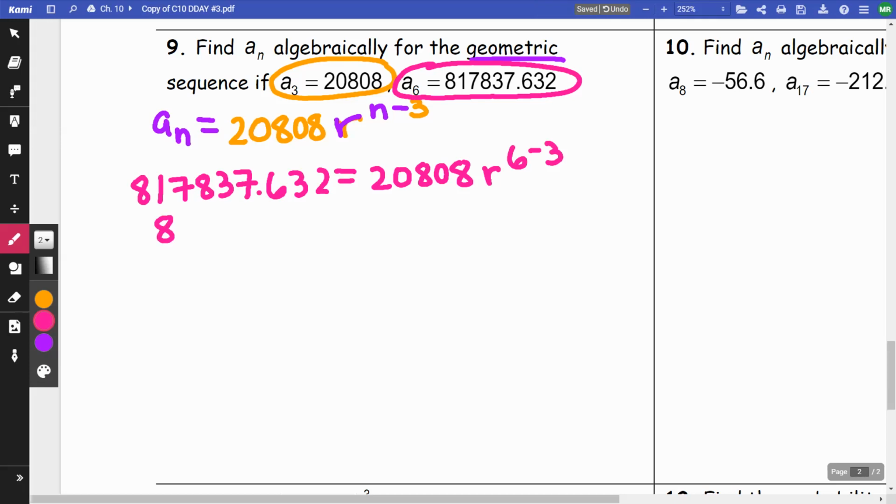So first off, let me just rewrite this. Since that's a 6 minus 3, that's really going to be r to the third. So now I'm going to divide both sides by 20,808.